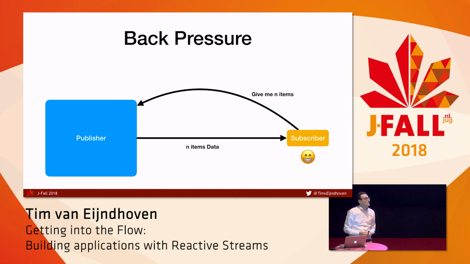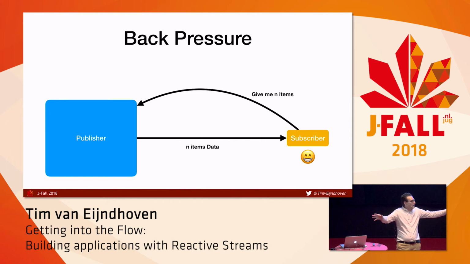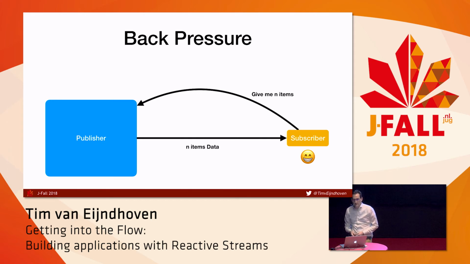And this is really cool, because this way, for example, when you take data from one source and put it into another source, you can have the whole question of how many items can I actually read and send, and you can leave all that to the Reactive Streams. You do not have to really concern yourself with it, and this is really cool.